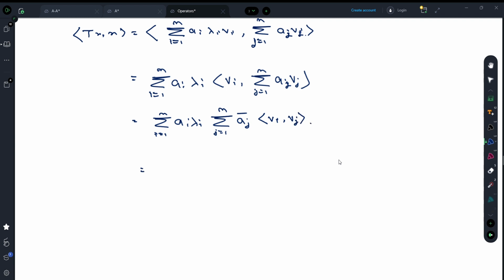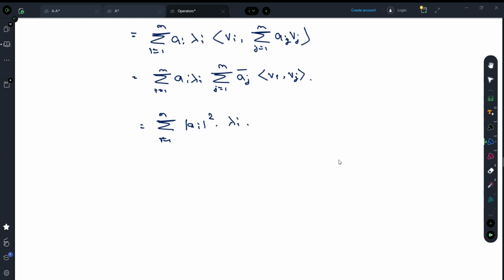But we know that this part will be 0 for all i not equal to j, and it will be equal to 1 if i equals j. Whenever j equals i, this part gives just ai bar. So I get the summation of ai times ai bar, which is mod of ai squared, times lambda i.